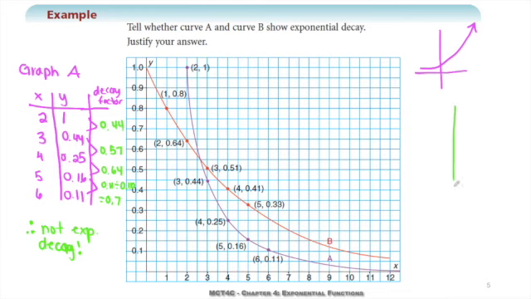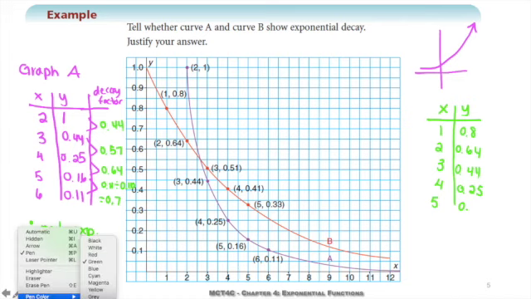Then we could do the same for graph B. Let's see if this one is exponential decay. So we'll start at 1, 0.8. Oops, I just wrote that. That is my fault.